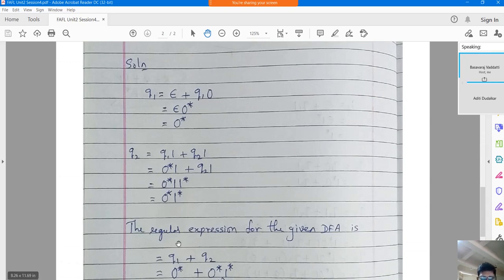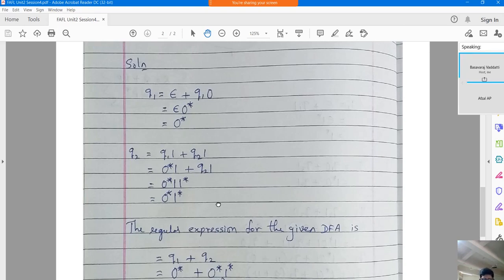So this is 0 star 1 into 1 star, that is Q2 equals 0 star 1, 1 star. You can notice here that 1 concatenated with 1 star is replaced by 1 star only.